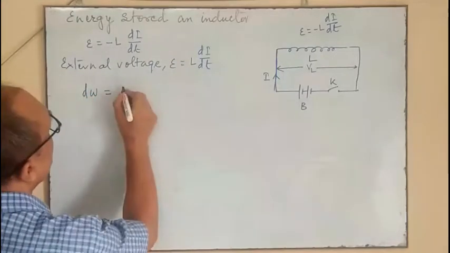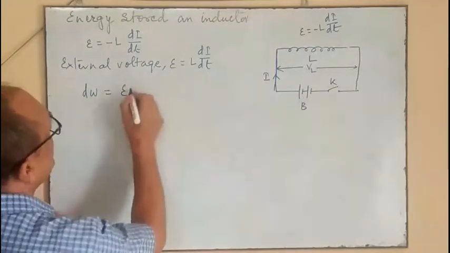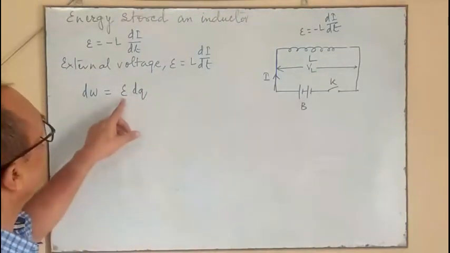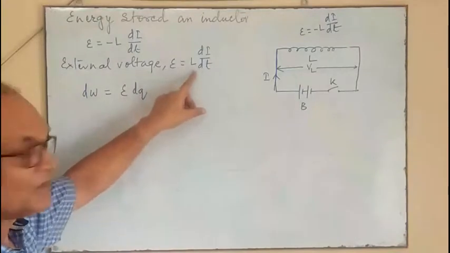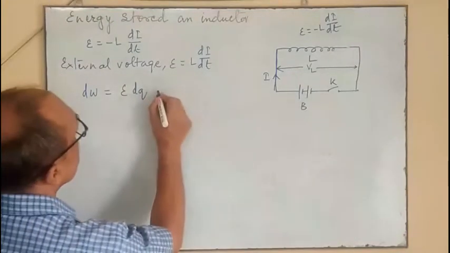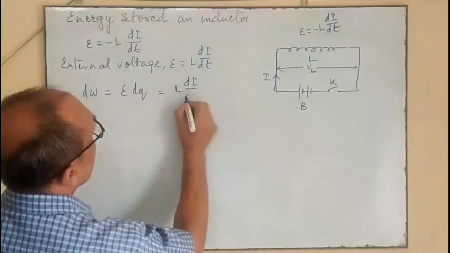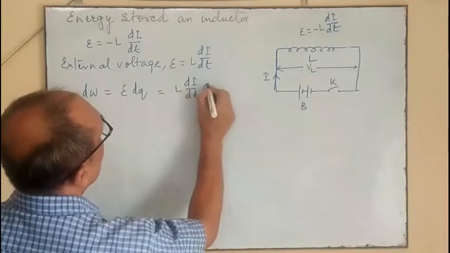So here the applied voltage is this, into dq. Now we will put the value of epsilon from here. This will be equal to L di by dt, dq.